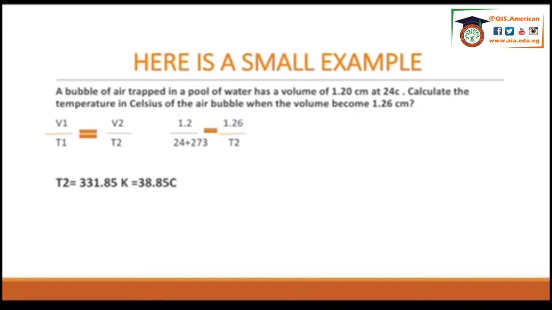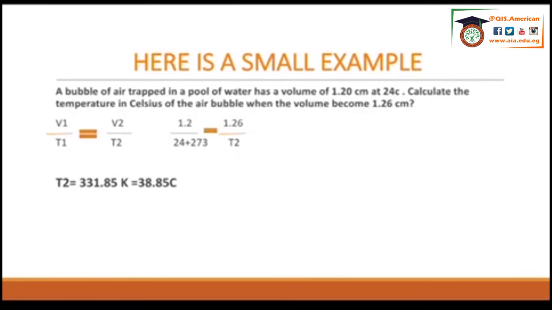We're gonna use V1 over T1 equals V2 over T2, and substitute the numbers they gave us in the question: 1.2 over 24 plus 273 equals 1.26 over T2. We get the answer, 331.85 K, which equals 58.85 °C.